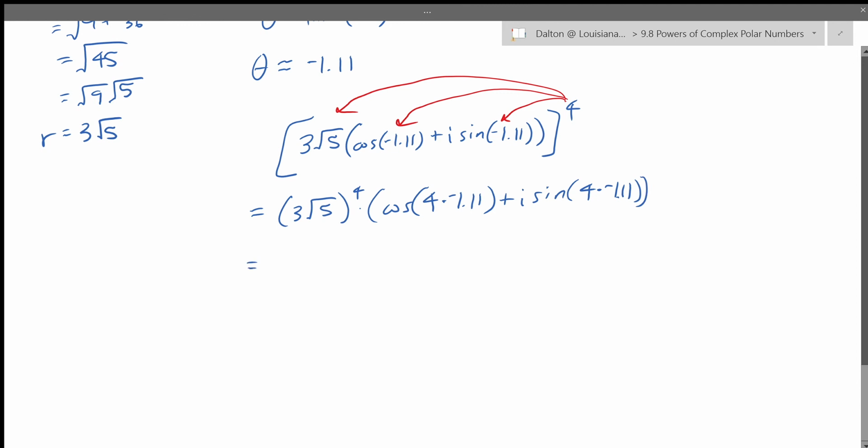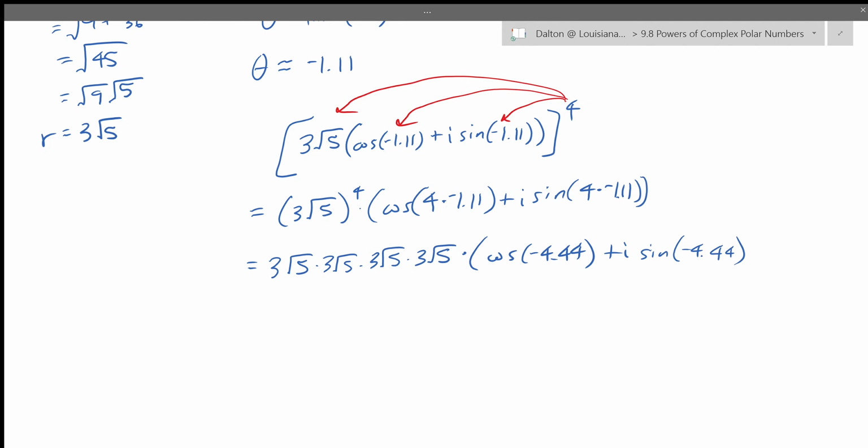So then this is going to equal, if you have a hard time understanding what 3 square roots of 5 to the 4th power is, write it all out. 3 square roots of 5 times 3 square roots of 5 times 3 square roots of 5 times 3 square roots of 5, times the cosine of 4 times negative 1.11, which will be negative 4.44, plus i times the sine of negative 4.44.